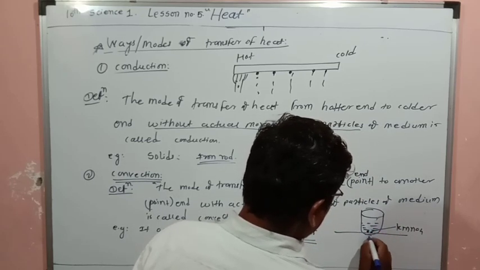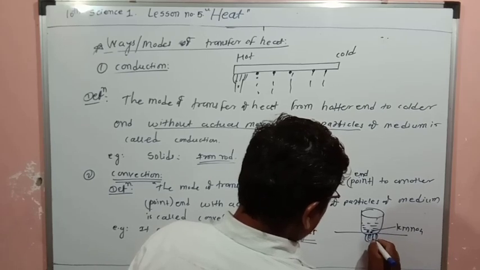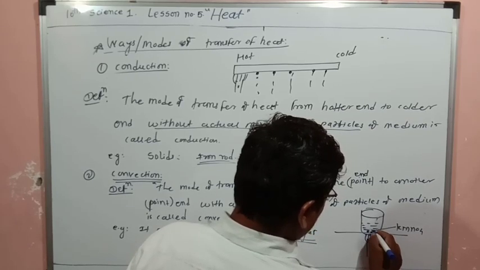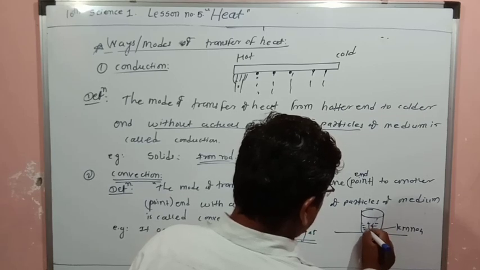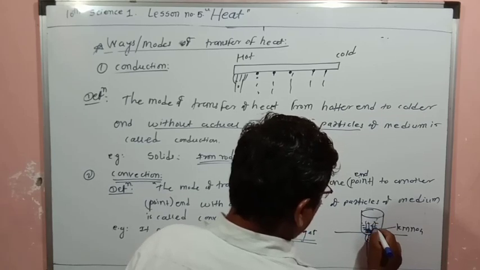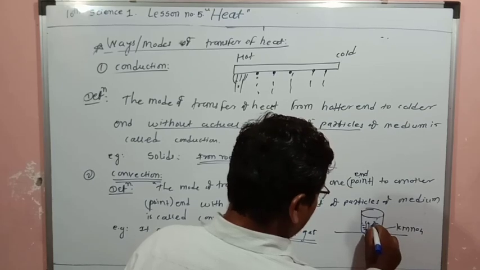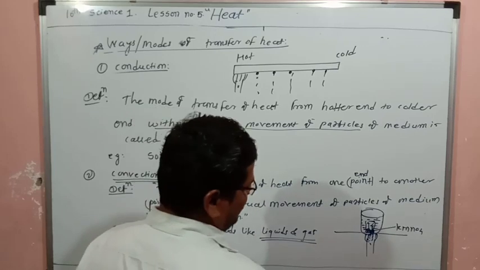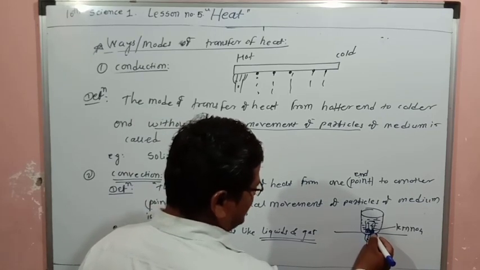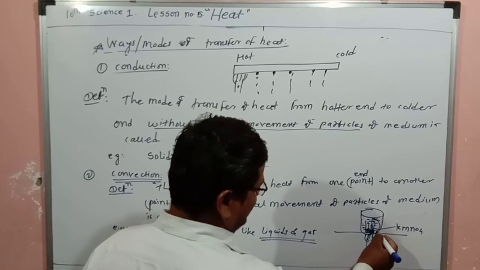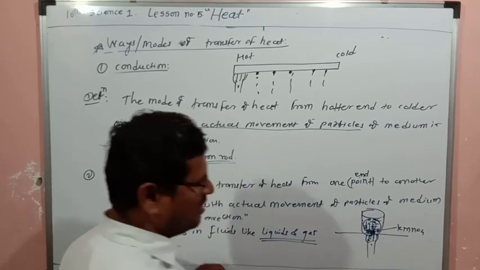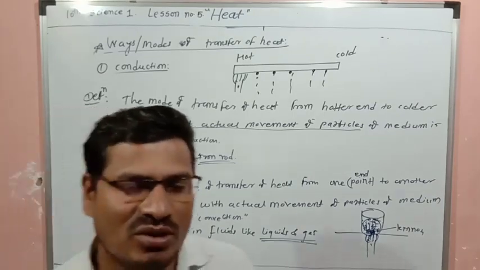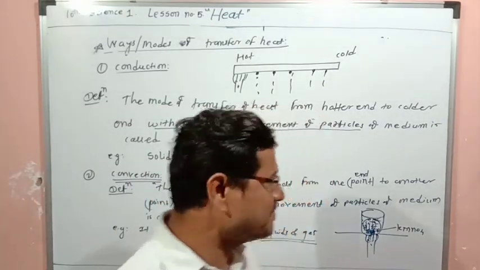If you heat this, what will take place? The KMnO4 crystals will dissolve, and that particular color moves in the upward direction. The particles are getting colored and moving upward. So when water becomes hot, it becomes lightweight and moves upward, and then cold water comes in the downward direction. That means actual movement of particles of the medium takes place here.